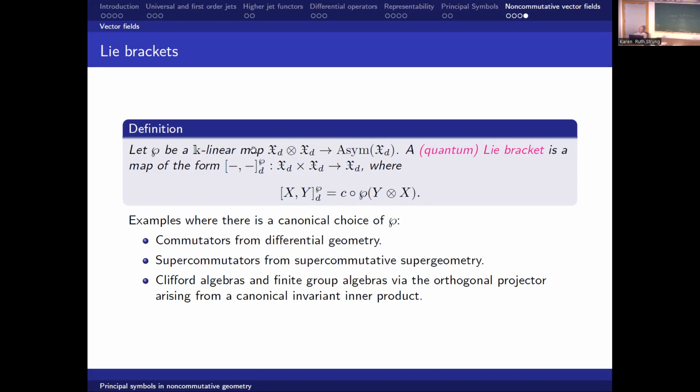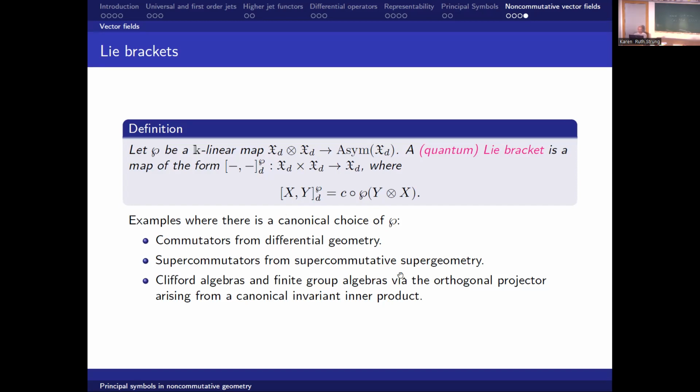And so really what it seems like you're looking for is some canonical map from vector fields tensor vector fields to Asym. Examples where you have this are how you get the commutator in differential geometry, the supercommutator in supercommutative supergeometry, and other examples we've looked at are Clifford algebras and finite group algebras.